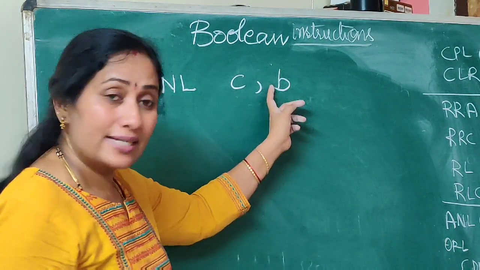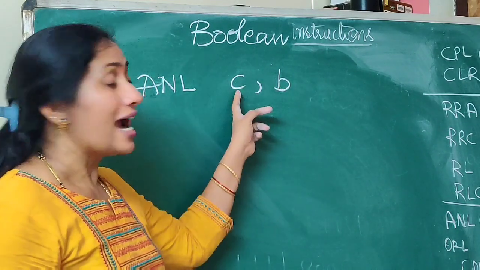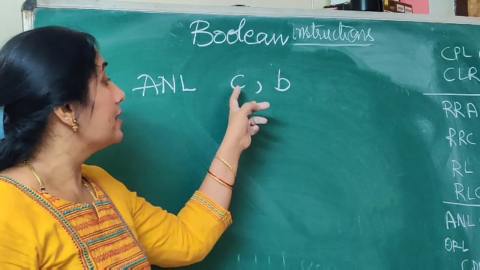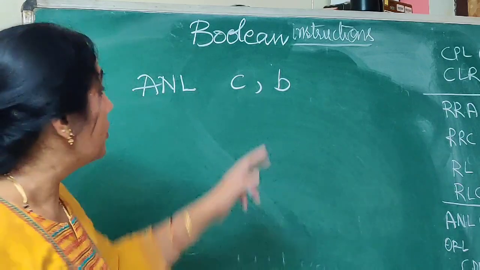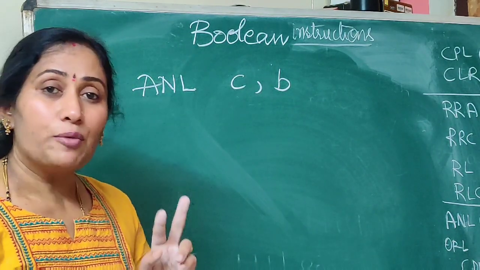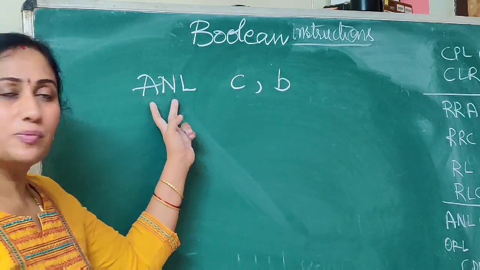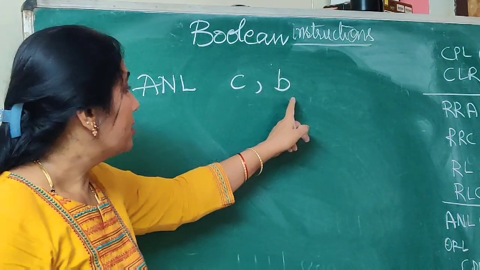So the bit address content will get ANDed with the contents of the carry flag. And where is the result going to be stored? The result is going to be stored in the carry flag. That means I am altering the status of the carry with the help of this instruction ANL C, B. What is B?